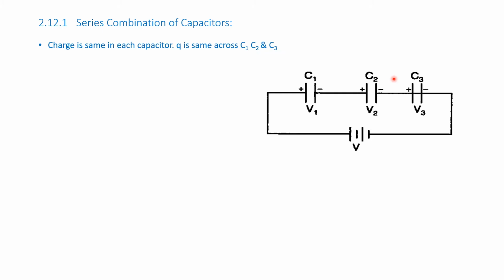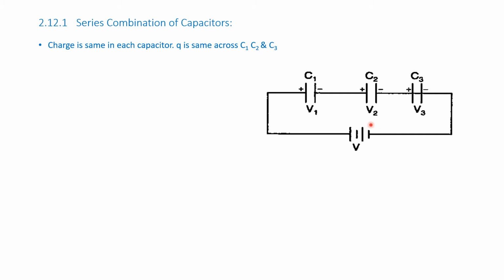Here charge is the same in each of the capacitors. Q is the same across C1, C2, C3 because charge or current is flowing from one side of the battery and entering, so the same charge goes out and comes here and then goes out again. That same charge is not getting distributed.